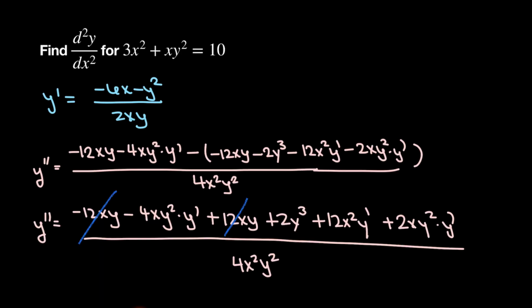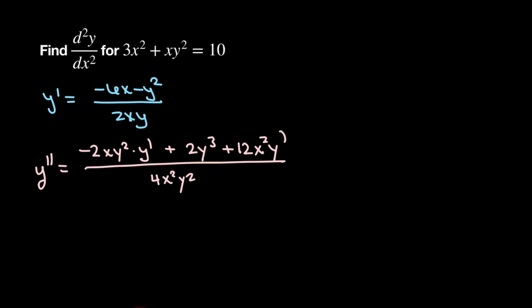And then let's see, negative 4xy squared y prime plus 2xy squared y prime, I can combine that to get a negative 2xy squared y prime. And then we still have this 2y cubed plus 12x squared y prime over 4x squared y squared. All right, so we multiplied everything out, combined like terms.